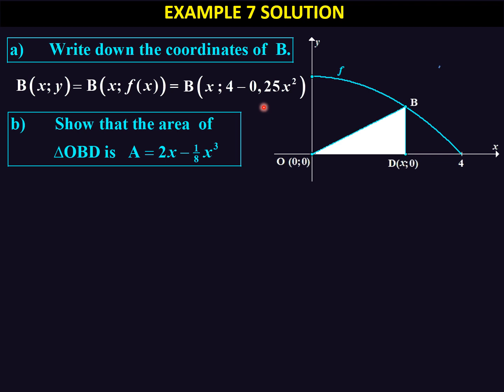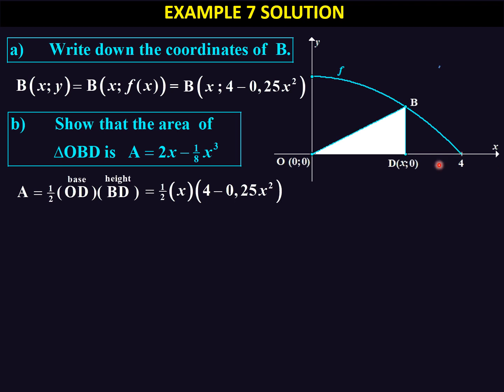Now the next question, show that the area of the triangle. The area formula of a triangle will never be given in grade 12, right? Area of a triangle is half the base times the height. What's the base of that triangle? That's correct, OD, and the height, BD. So there's the area of a triangle: half OD times BD. OD's length is x.